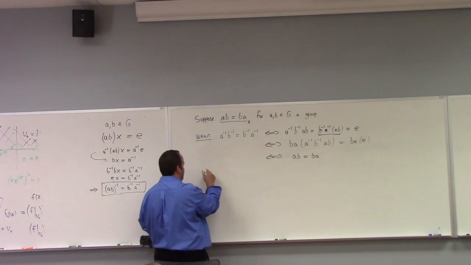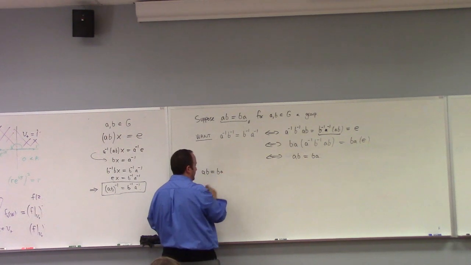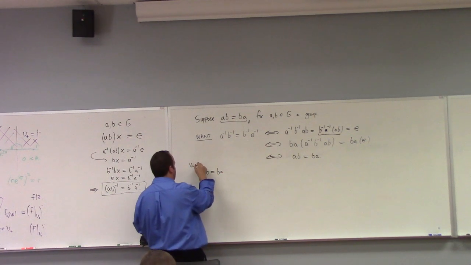So here's how I'd prove it. I'd say, okay, well, AB equals BA is true, right? We're given.